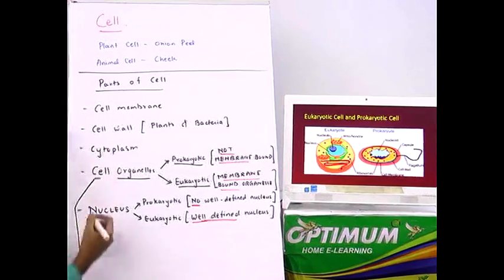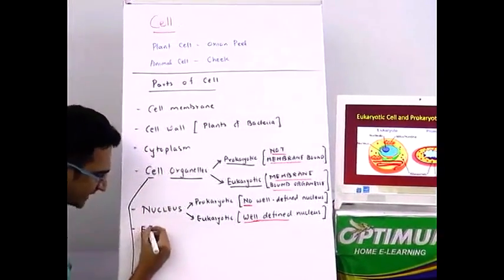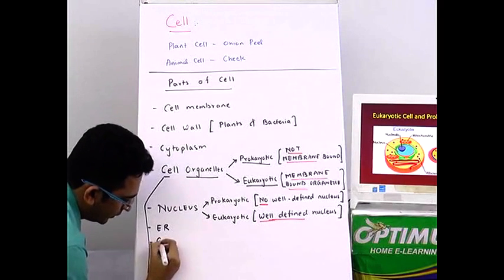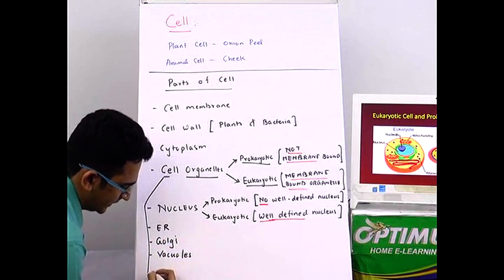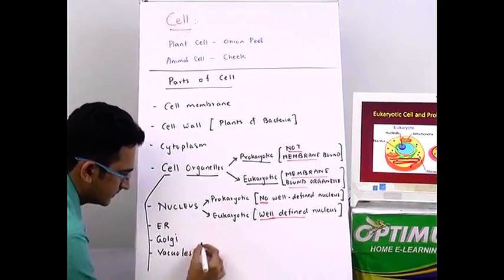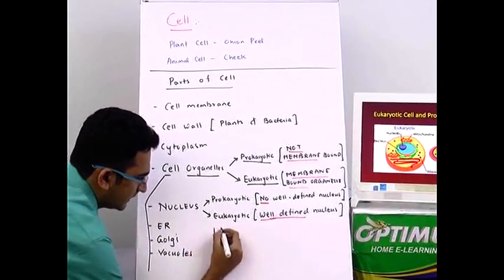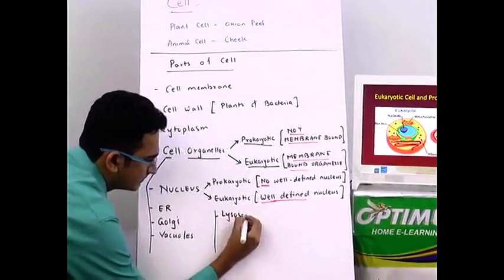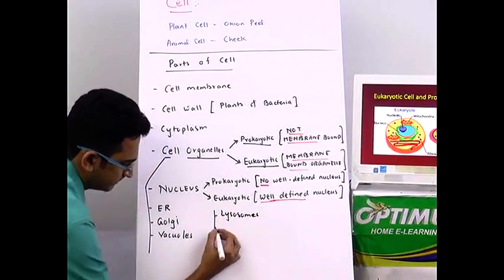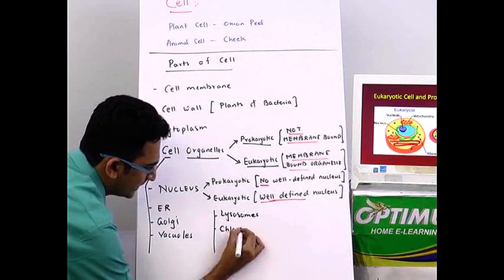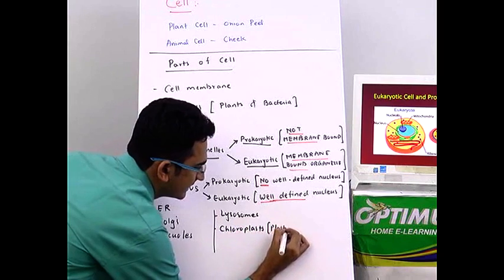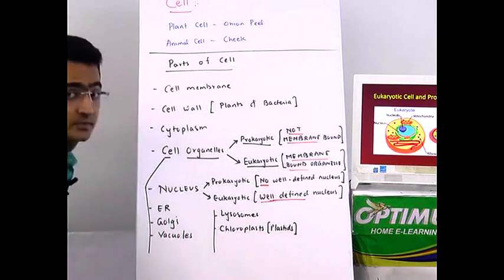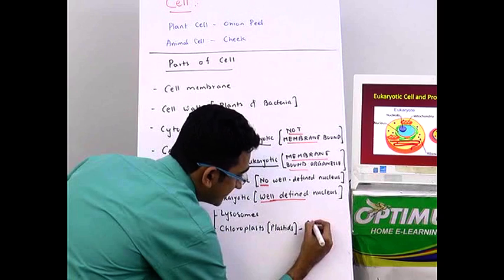And the other organelles inside the cell are endoplasmic reticulum, Golgi, vacuoles, lysosomes, chloroplasts, or they also call them as plastids, and this one is present only in plant cells.